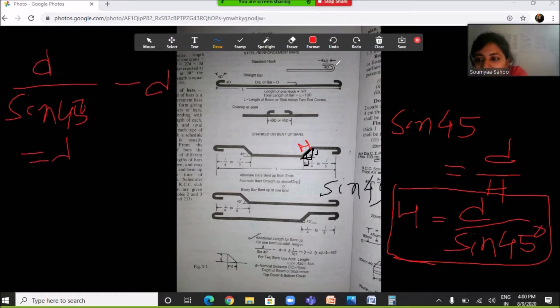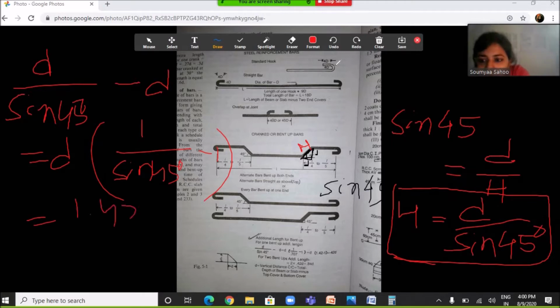If I take d common, then it is 1 divided by sine 45 minus 1, which will be equal to 1.42 minus 1 into d, which is equal to 0.42 d.